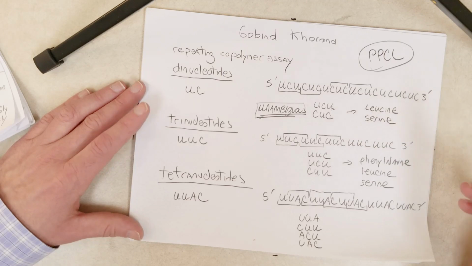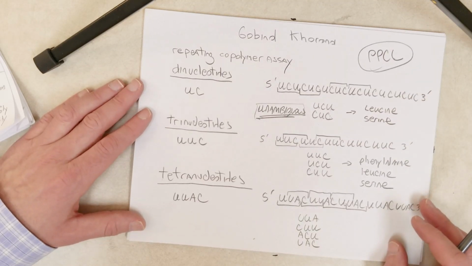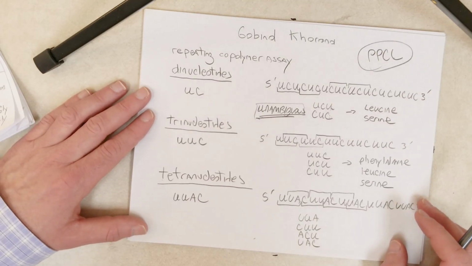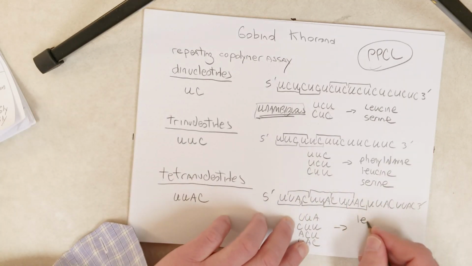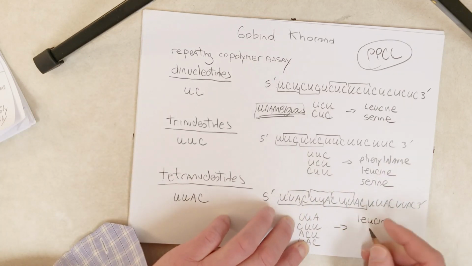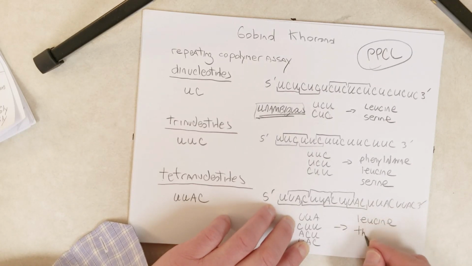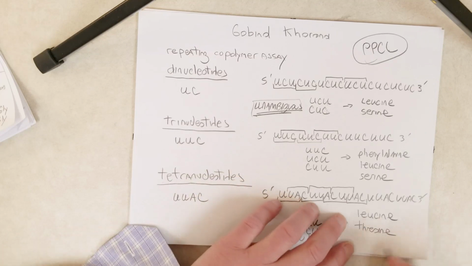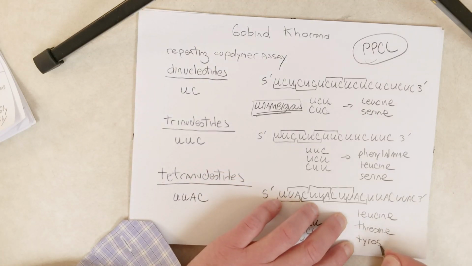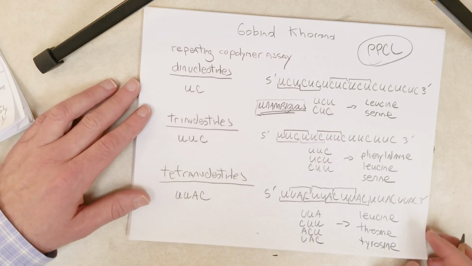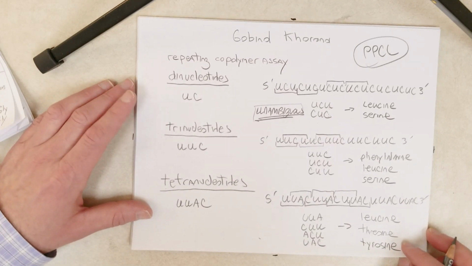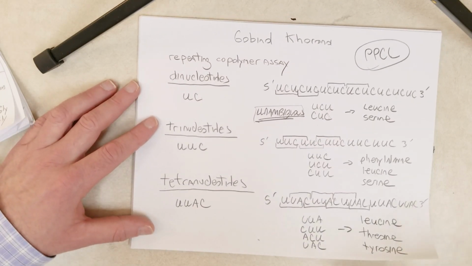None of the other radioactive amino acids, the 20 possible, were incorporated into a radioactive protein. And for these, I won't give the details. I will just say leucine, threonine, and tyrosine were incorporated into radioactive proteins.